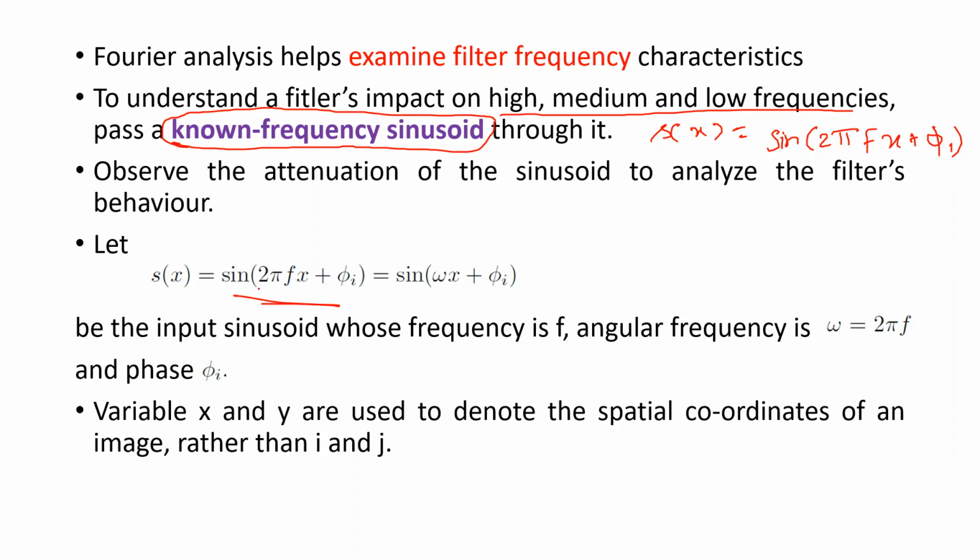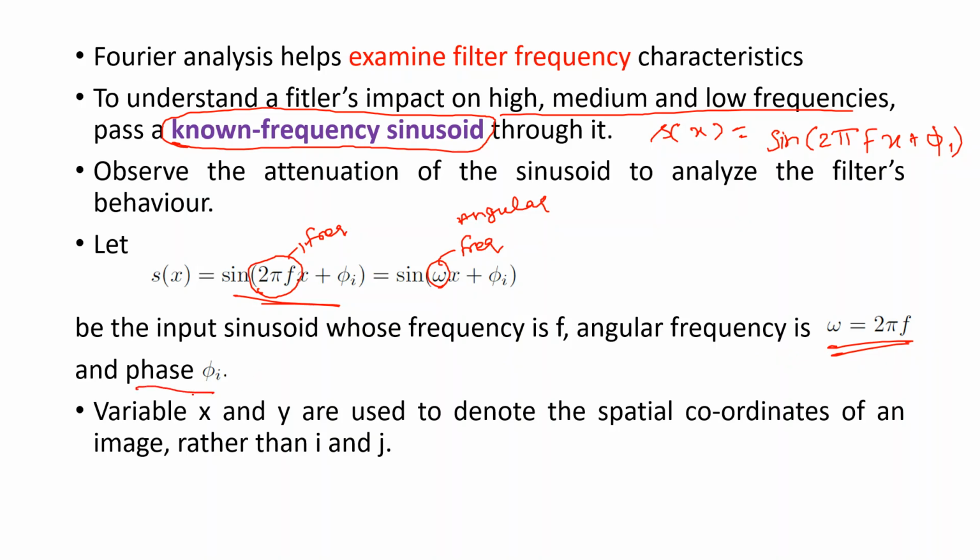I am going to substitute 2 pi f with omega. It represents the frequency, the angular frequency, while the normal f represents a general frequency. So omega is equal to 2 pi f.